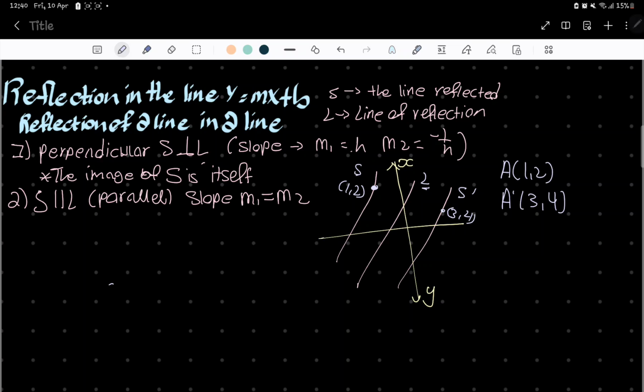We use the same process as we saw in the last video, and then we basically calculate the equation of this line. Since they have the same slope, let's say the slope is m equals 4. To find that, we use the formula y minus y naught equals m times x minus x naught.